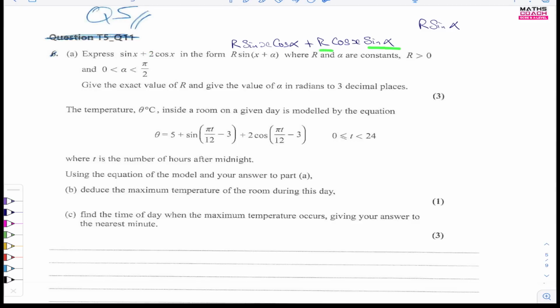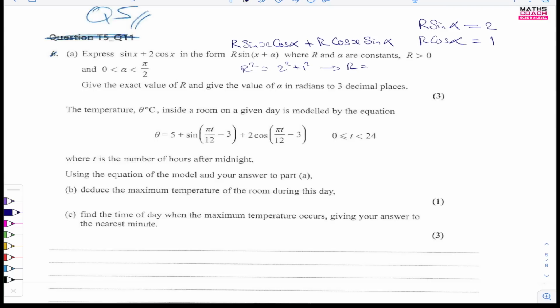So r sine alpha will match with 2. So r sine alpha equals 2. r cos alpha will therefore be the coefficient of sine x, which is 1. So r squared would be equal to 2 squared plus 1 squared.